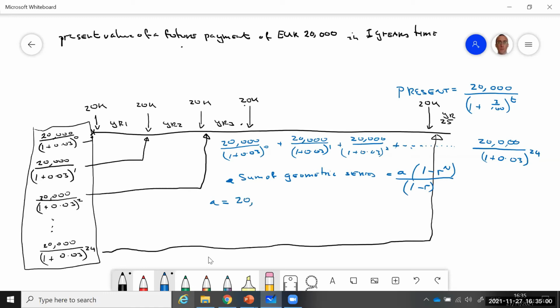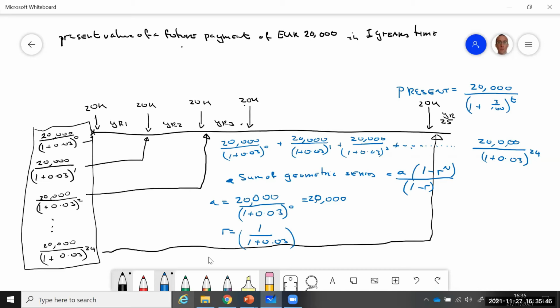The first term is this guy here, 20,000 over 1.03 to the power of 0, which is 20,000 over 1, which is just 20,000. And the geometric ratio r, what's one term divided by its previous term? Well, that is 1 over 1 plus 0.03. If you take any of these terms and divide it by its previous term, you'll get 1 over 1.03.